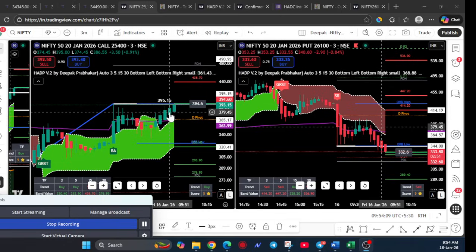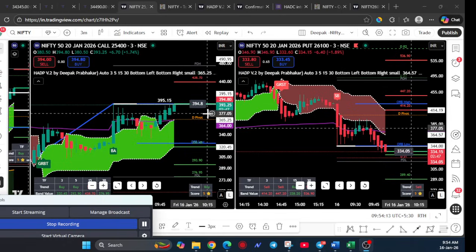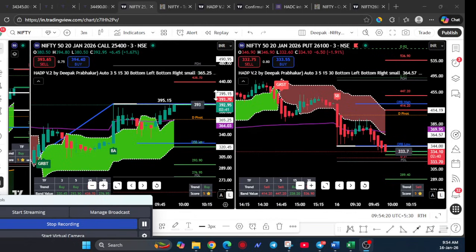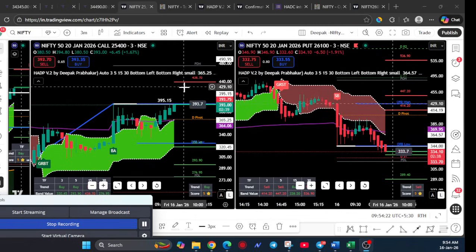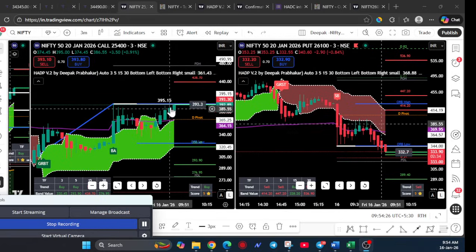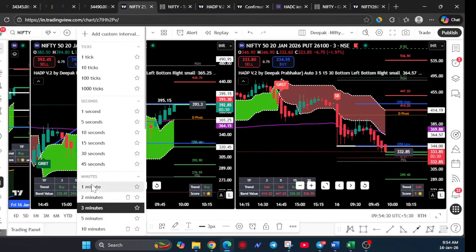Now it has hit 395. It has not crossed 395.15 yet on the call side. Let's see. If you want safer entry now, since it is a 3 minutes, right, you can even wait for a 1 minute candle here.